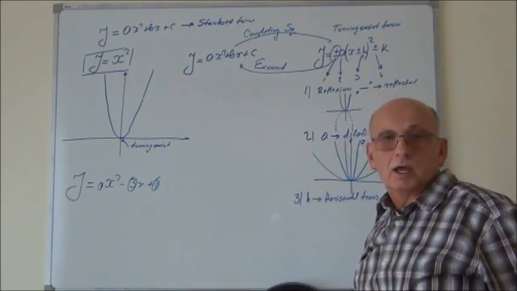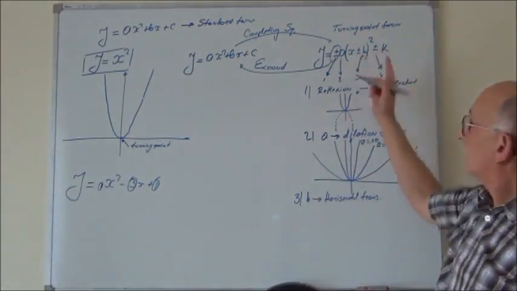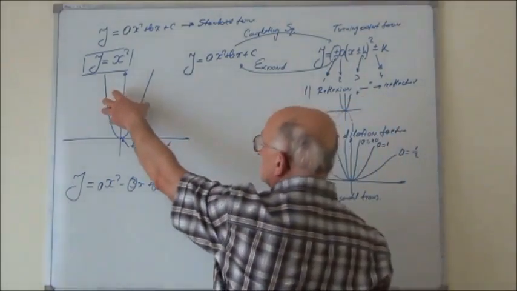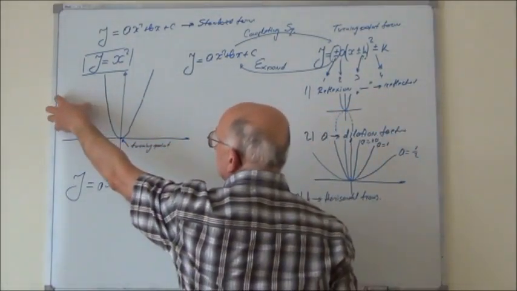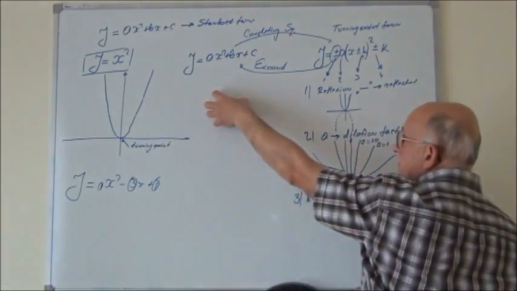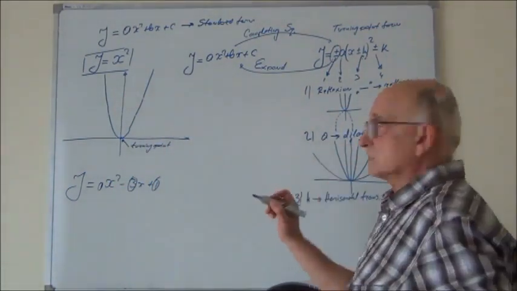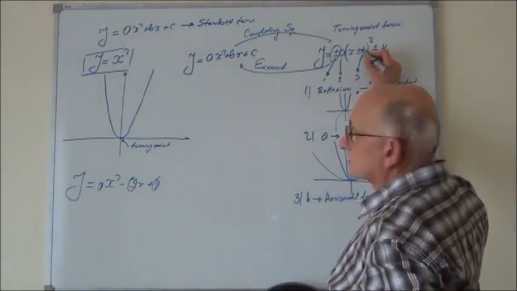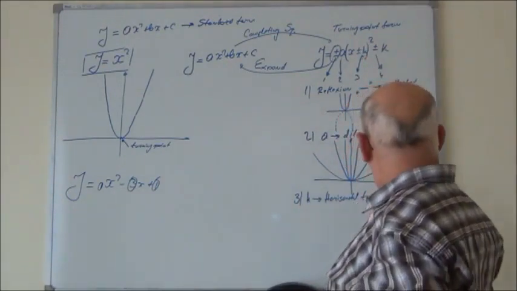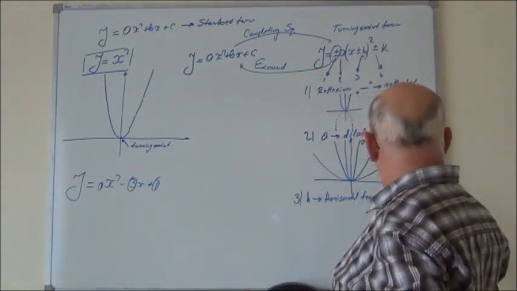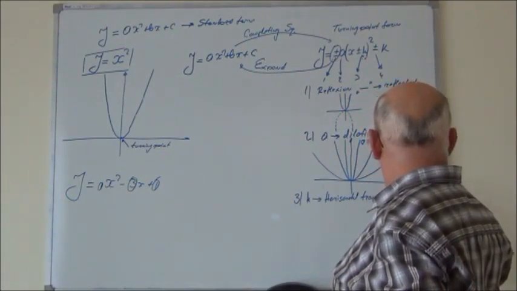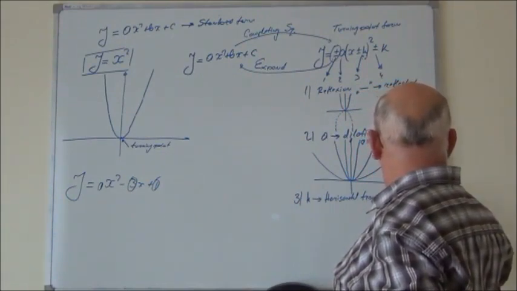Horizontal translation. This number translates the graph horizontally, this way or that way. You have to memorize: if plus, then the graph is going to the left.